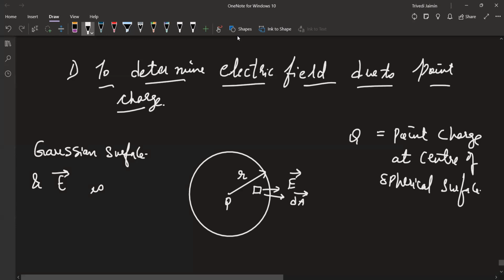Gaussian surface, this surface, and electric field E parallel to dA, as shown here. If I take this one here, same thing. If I take this one here, same thing. Same thing.